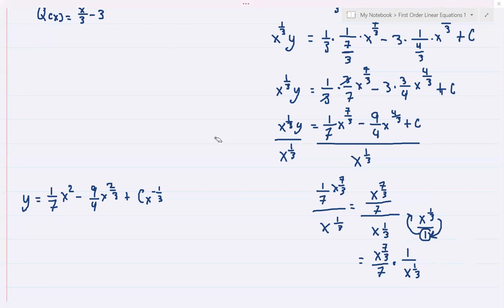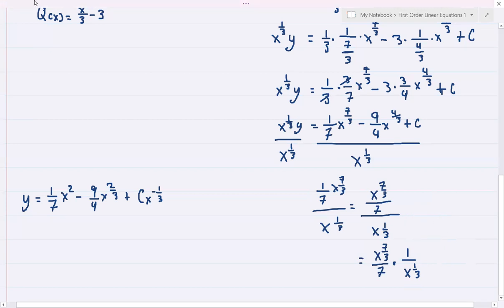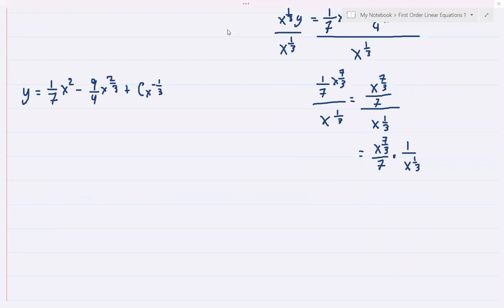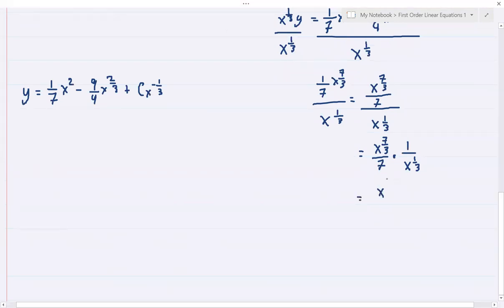Why am I discussing this? Because this is actually basic. Anyways, so we will have x raised to 7/3 all over 7 times x raised to 1/3. That's it. However, we can actually simplify this one.